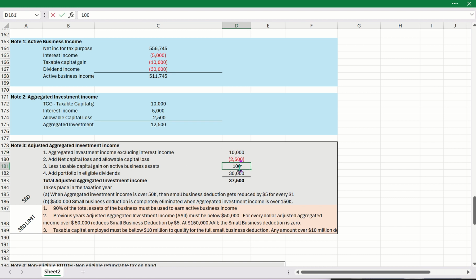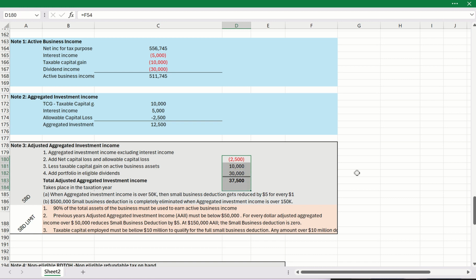I should have placed it elsewhere, but I chose to place it here. Okay. So the allowable capital loss, less the taxable capital gain and the portfolio dividend. So this total is $37,500.